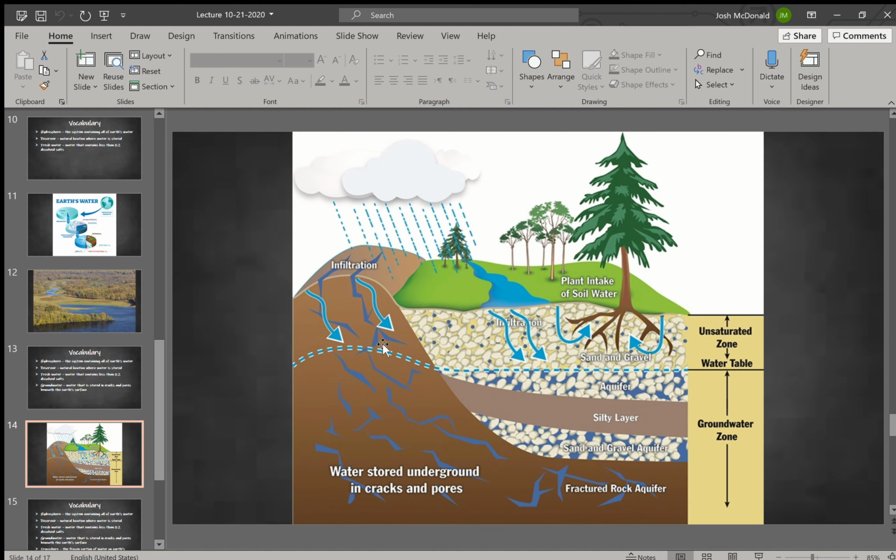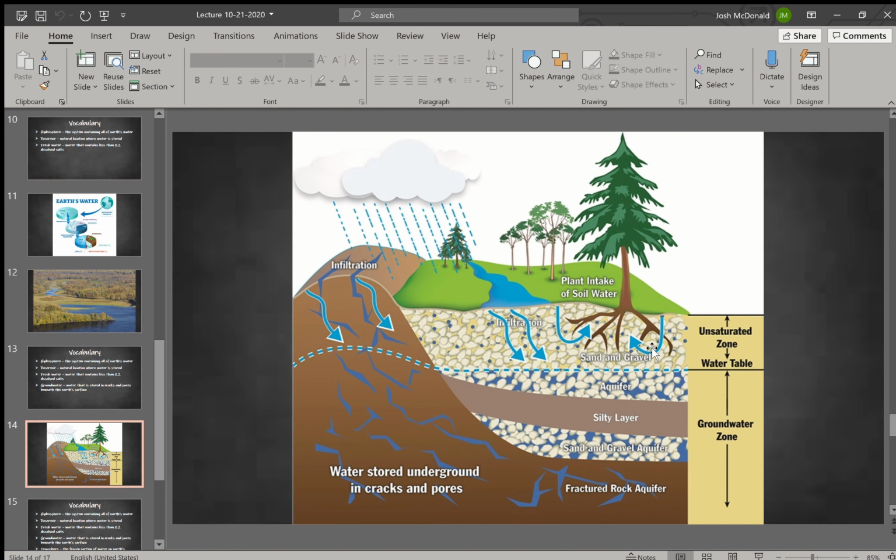Water will seep in through a process called infiltration, which we'll get into later, and comes down into these cracks and pores in the ground. And then you've got what's called the water table. This is the line between the groundwater, the saturated area of the ground, where an aquifer is a place where it's stored underground, and the unsaturated part of the ground.